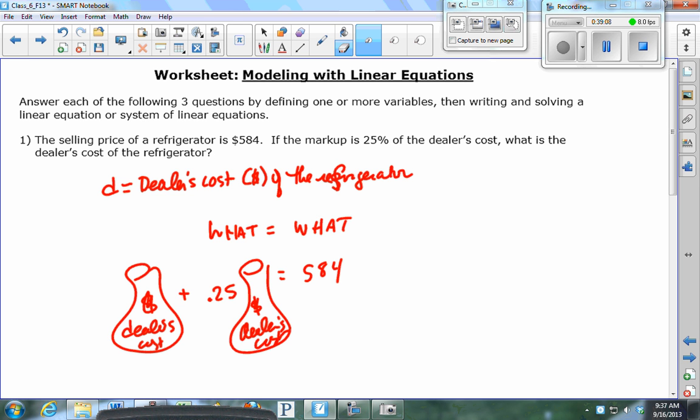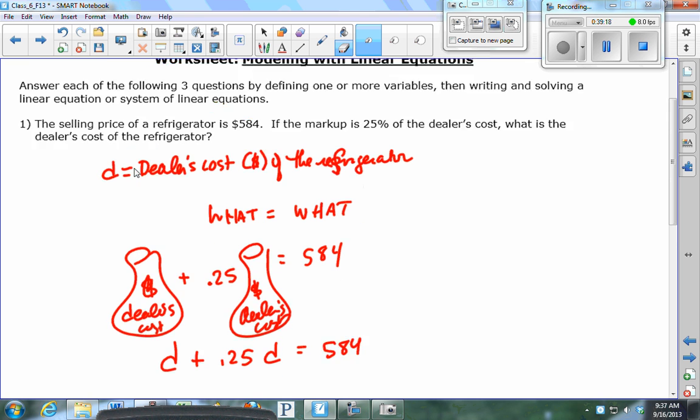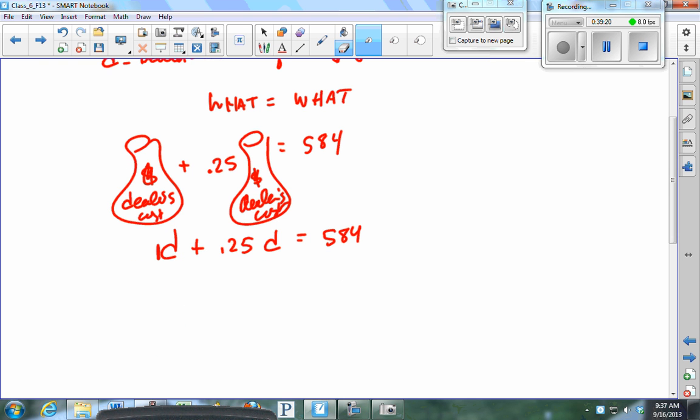What are we going to replace this bag with? D. D plus 0.25D, I mark up the price as $584. 100% of D is right there. That's what that 1 means. All of the dealer's cost plus a little piece more gives me 1.25 times D equals 584.